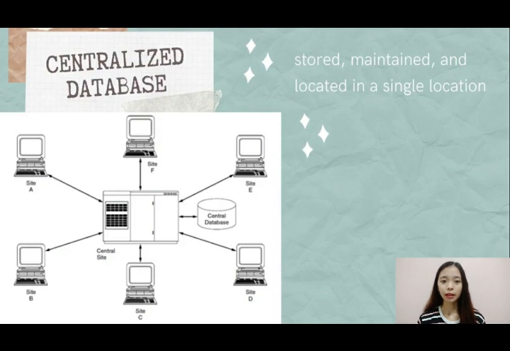The central site performs the functions of a file manager that services the data needs of the remote users. As can be seen from the figure above, all the information for the organization is stored in a single database, which is known as the central database.